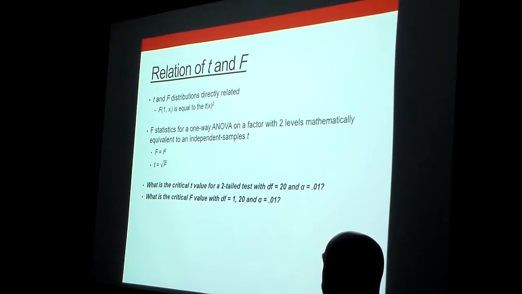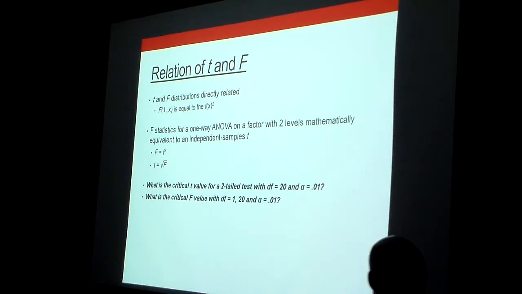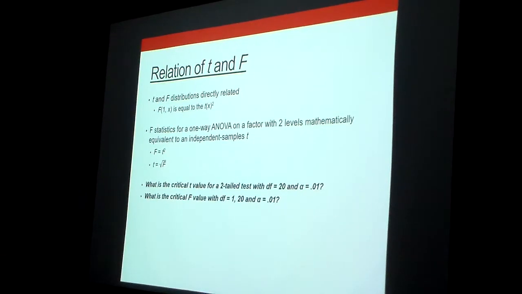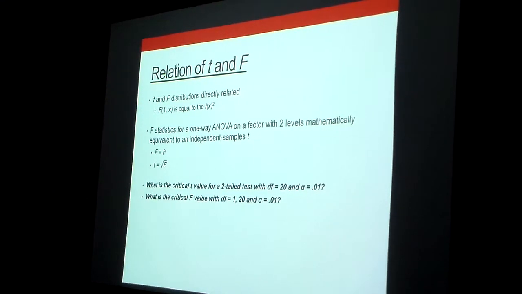So if we go through, just take a look at this. What is the critical T value for a 2-tailed test with 20 degrees of freedom at alpha equal 0.01? So I have a T table up. 2.845.